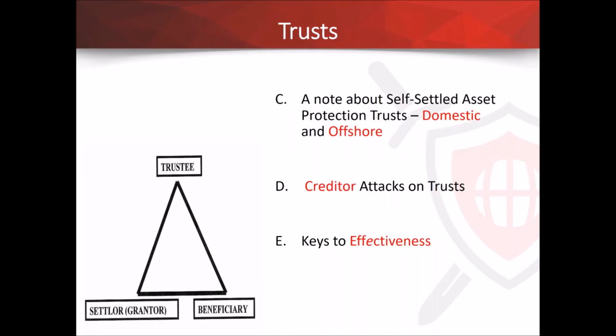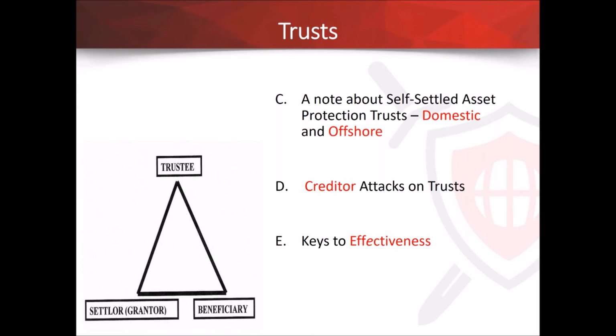So Gary talked about the domestic asset protection trust a little bit, and the offshore asset protection trust. Understand that self-settled trusts in the U.S. are only recognized in a minority of jurisdictions. We have it scheduled, I believe, for next month.